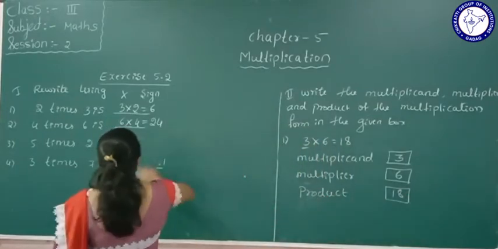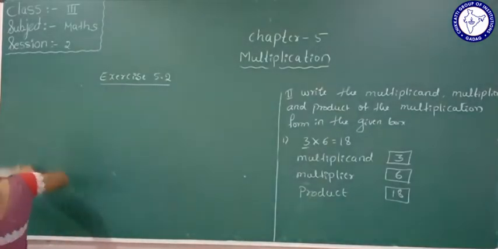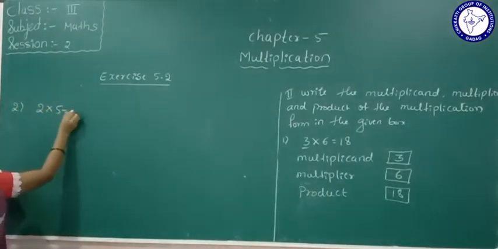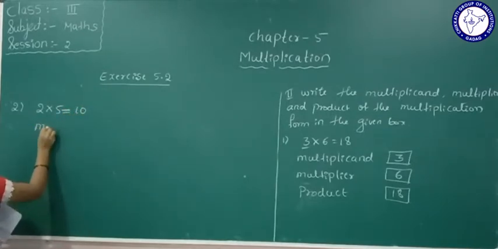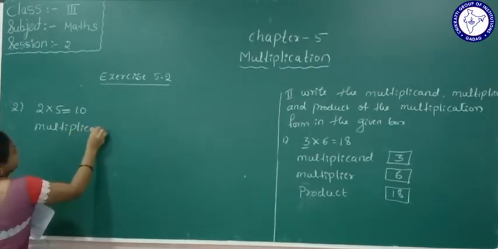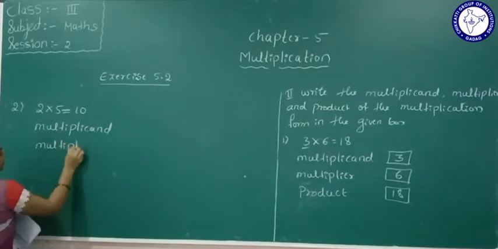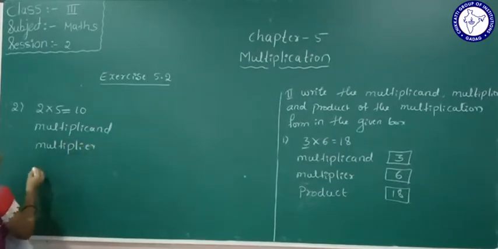Second one, they have given here 2 into 5 is equal to how much? 2 fives are 10. Okay, so which is the multiplicand, which is the multiplier and next one which is the product.